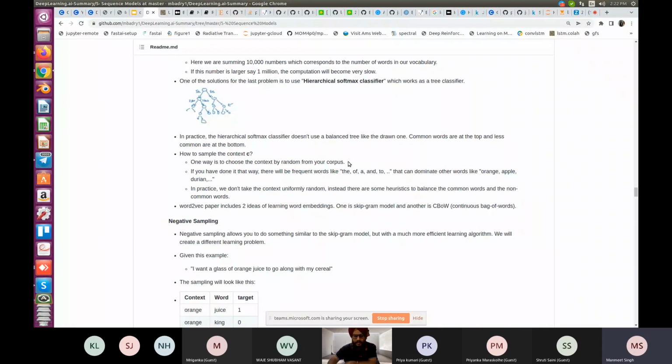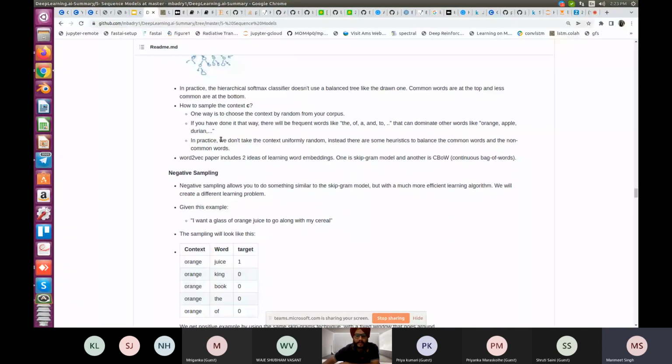If you do it that way, there will be a lot of frequent words like the, of, to, that can dominate words like orange, apple, durian, because the words which come most often would be so many in number. So in practice, we don't take the context uniformly at random, and instead there are some heuristics to balance the common words and the non-common words.